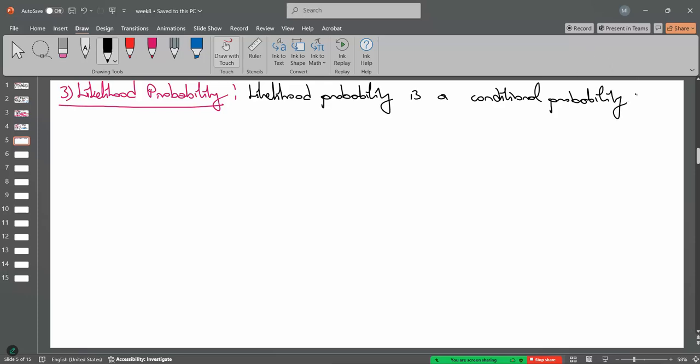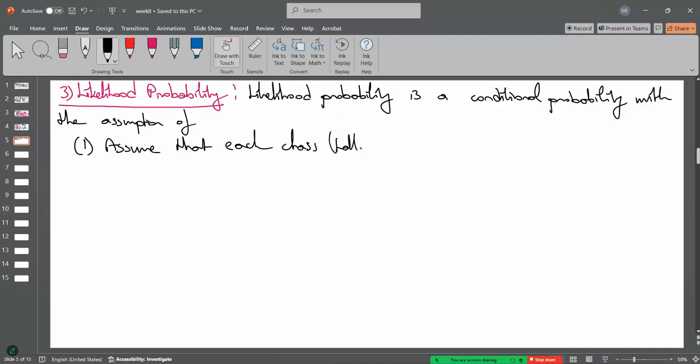Okay? With the assumption, firstly, assume that each class, tall or short for our example, follows normal distribution.